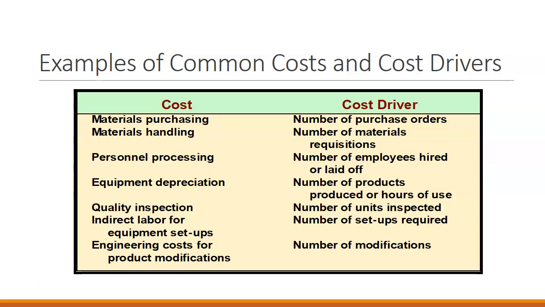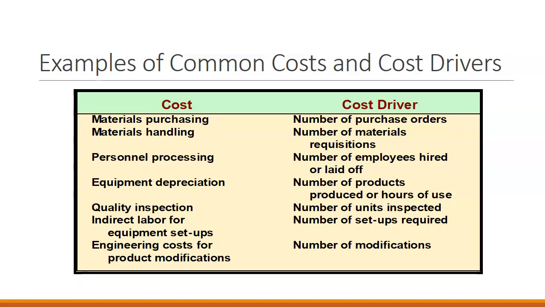In activity-based costing, we would separate that $100,000. So maybe we decided that $15,000 of that goes to materials purchasing. And we're going to take that $15,000 and divide it by the number of purchase orders that we average in a year.